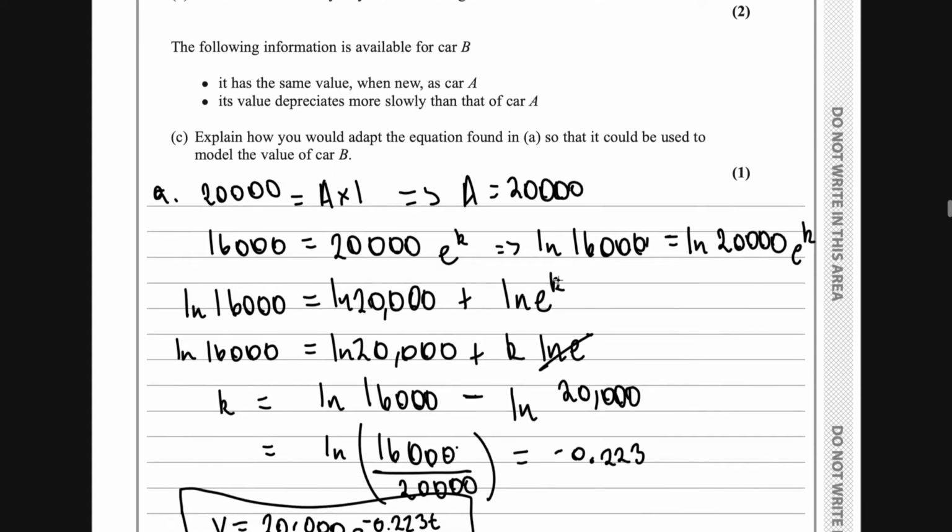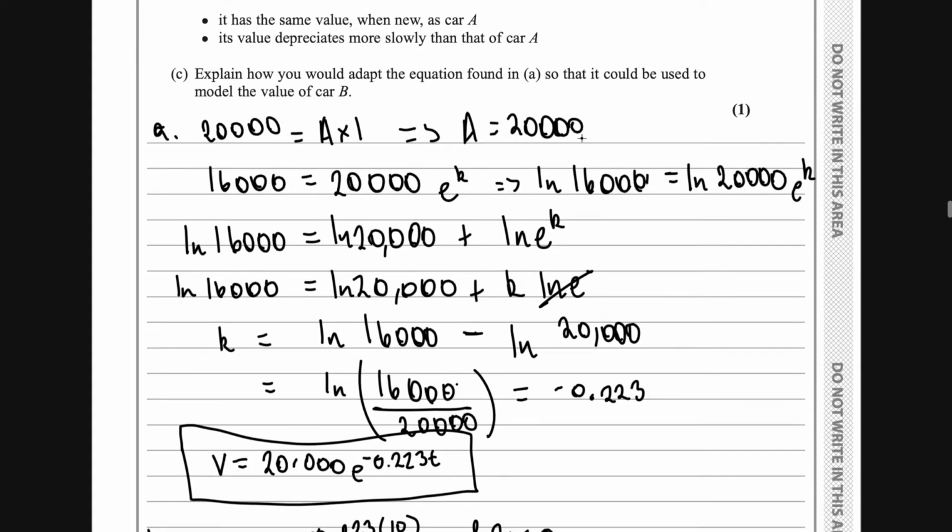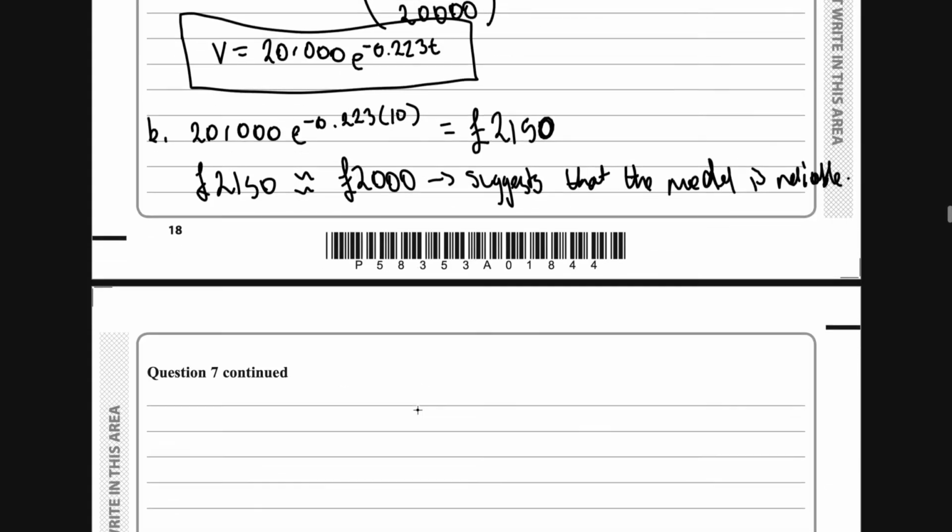So ultimately in this model we're going to be keeping this the same, so there'll be no change made to the A constant. However, the rate of decrease, in other words the K value that we found here, will be less negative. It would still be negative because the car is still depreciating in value, however it won't be as negative. It's going to be greater than minus 0.223.